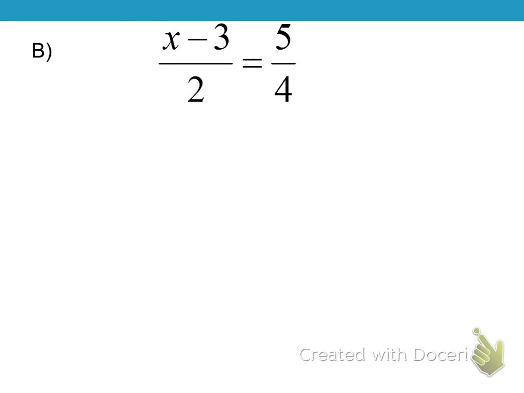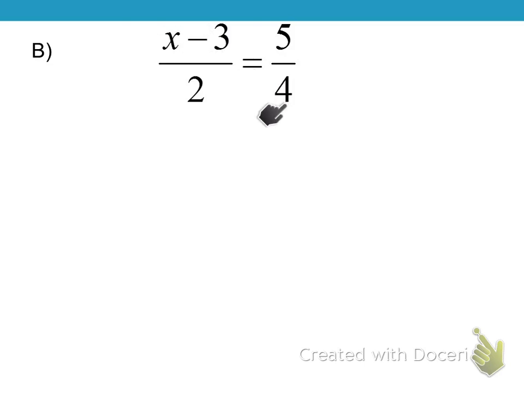All right, here's example B. Now, this is where it starts to get a little bit tricky, because you have to make sure you multiply both of these by the number across.